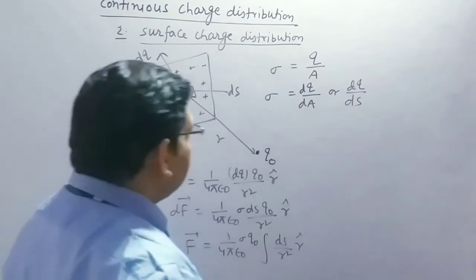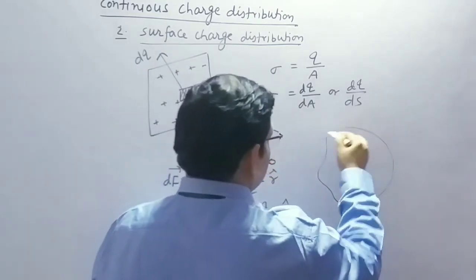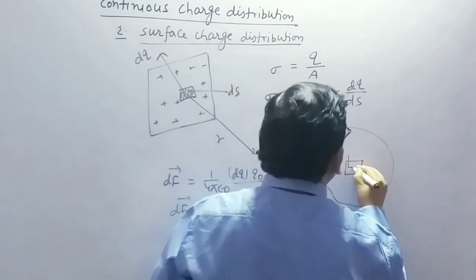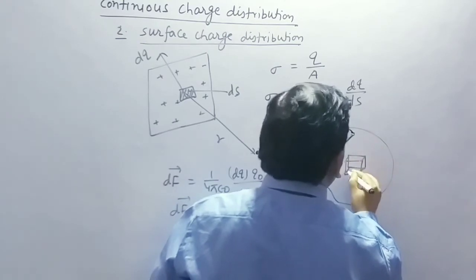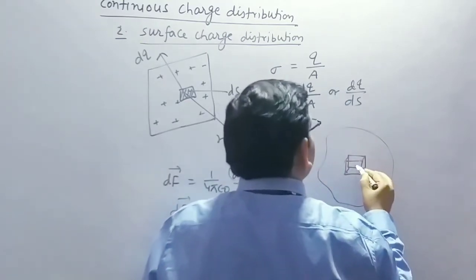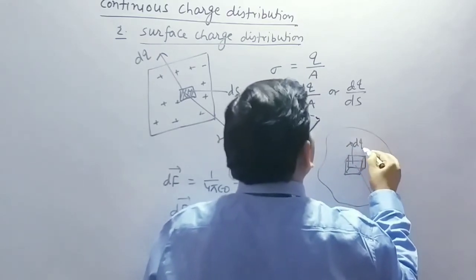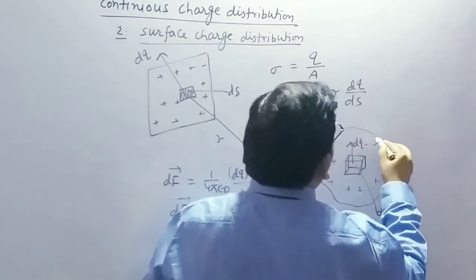The third one is the volume charge distribution. Consider where the charge is distributed over a certain volume. So in this volume, consider a small volume dV, and the charge is distributed within the volume of the conductor.